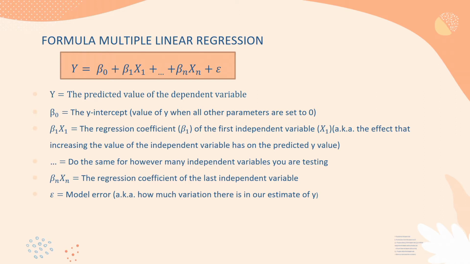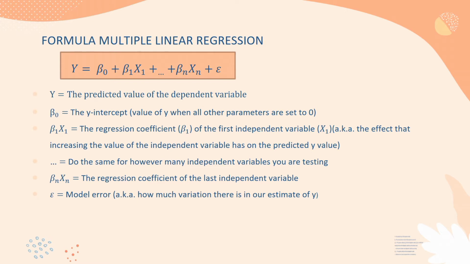B naught is the y-intercept, which is the value of y when all other parameters are set to 0. Next, beta 1 x1 is the regression coefficient of the first independent variable, or we can say the effect that increasing the value of the independent variable has on the predicted y value.